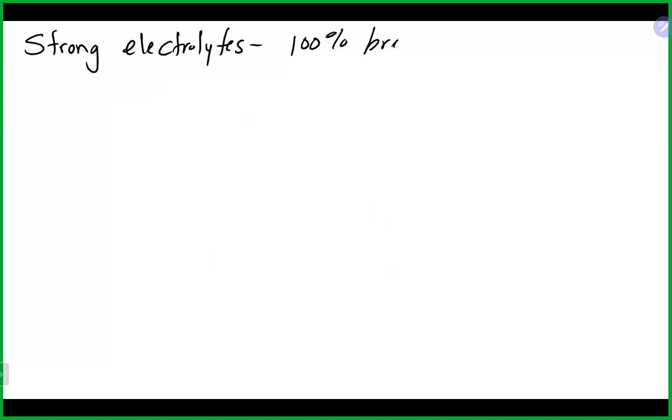So there are a few different types of electrolytes. There are strong electrolytes. Strong electrolytes 100% break apart into ions.